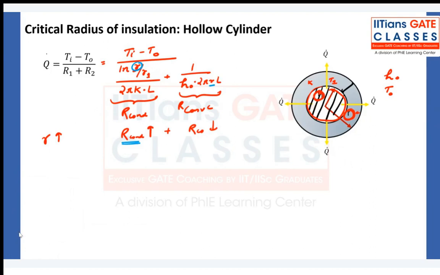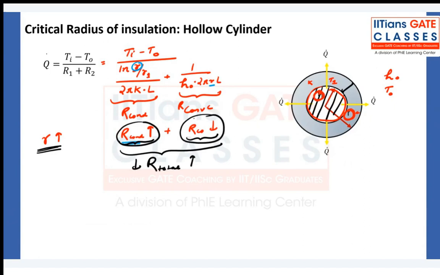So now what actually happens is, look, when you increase this R, there is an increase in conduction resistance and a decrease in convection resistance. Now the combination of these will tell you whether R total is increasing or decreasing, based upon which quantity is increasing more and which is decreasing more.